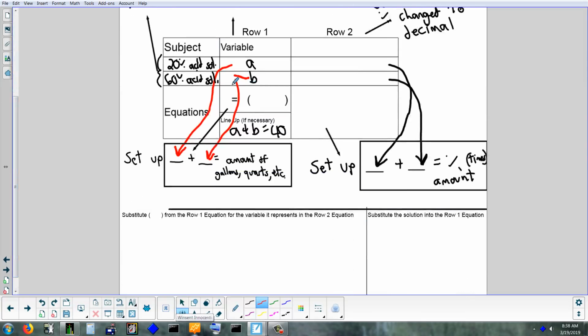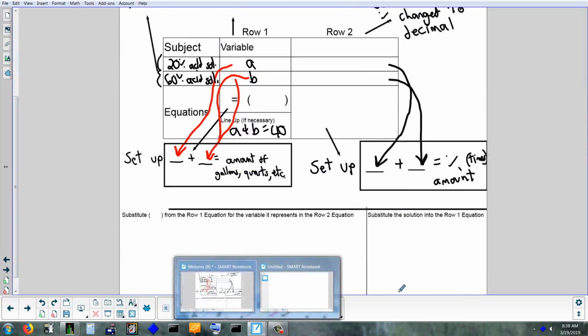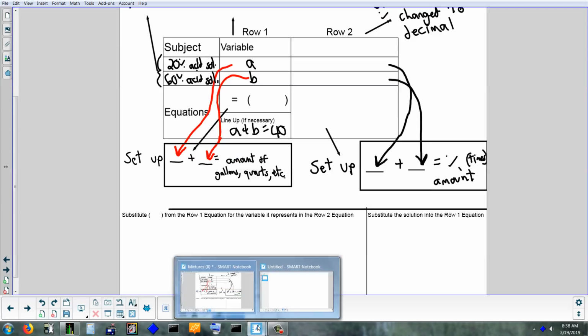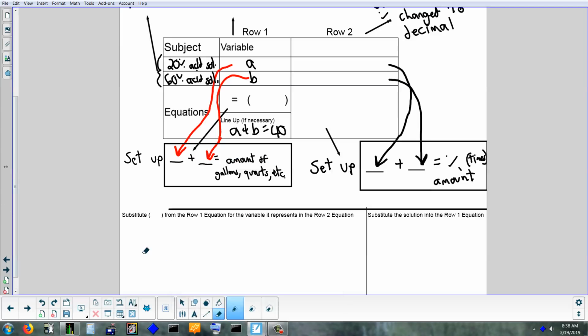No, I have to rearrange. I want to get a variable by itself. I can get either one by itself, it doesn't matter. How do I do that? Subtract. Subtract what letter?